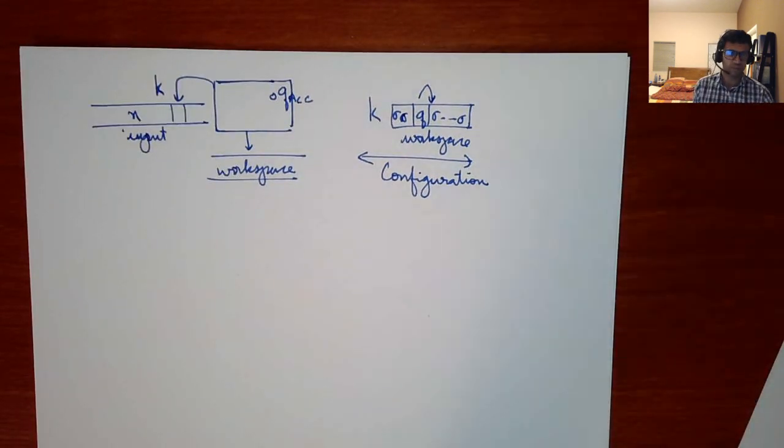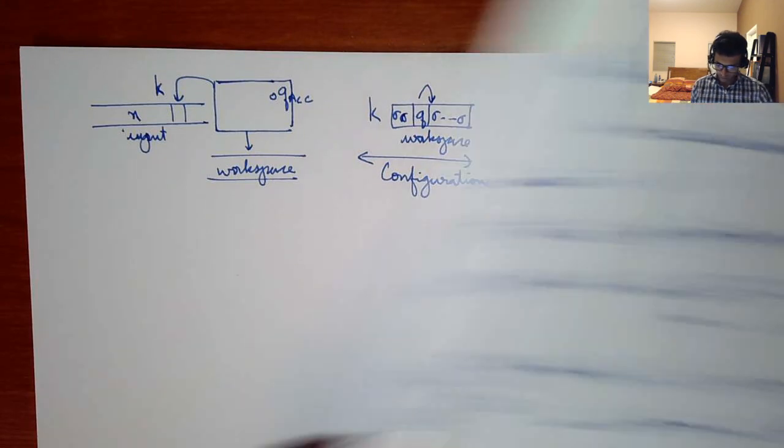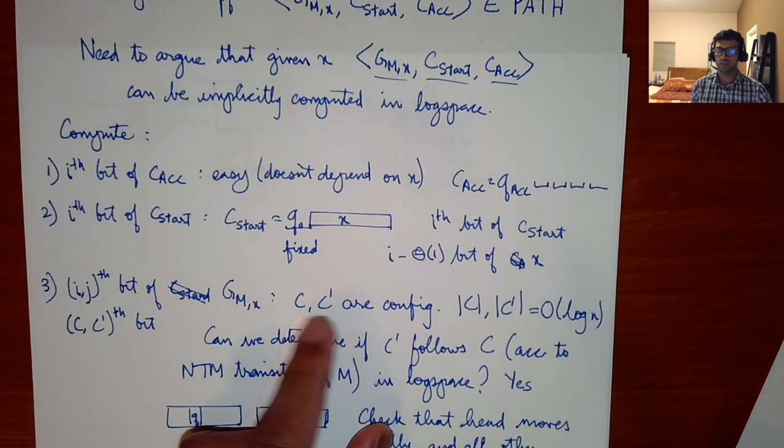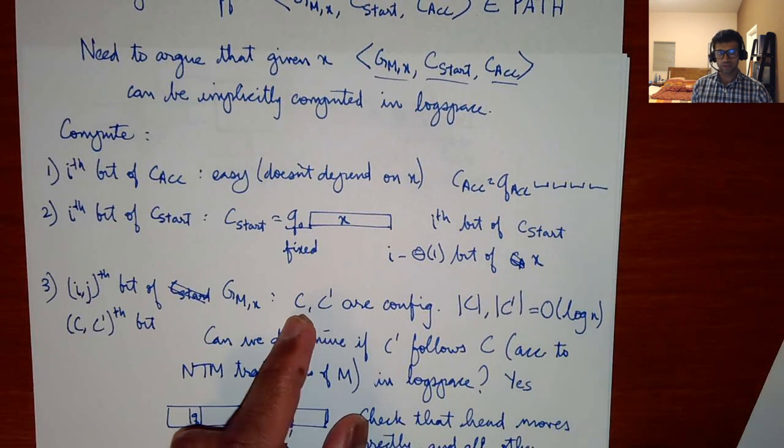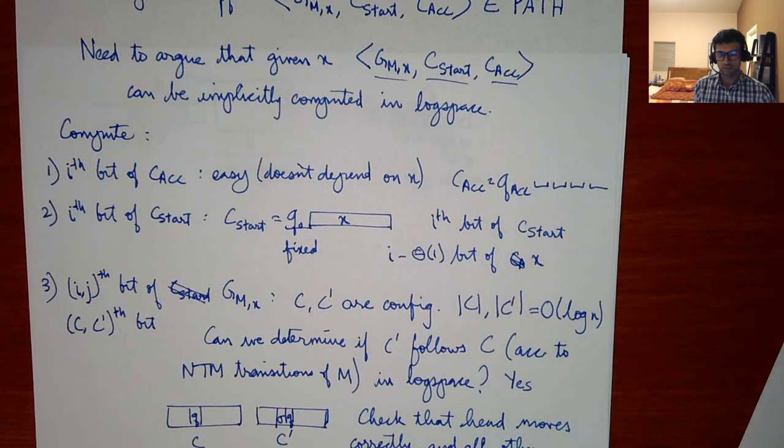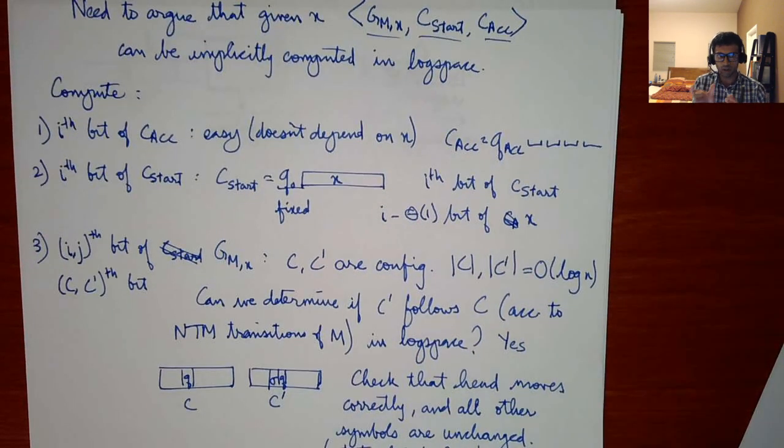Or from the previous, sorry. And that's what this is. These are the configurations. So you give it two configuration strings and ask, does one follow from the other? And that you can determine in log space, because all you have to do is match up the symbols and make sure the head is transitioning correctly, which is just some constant time check.